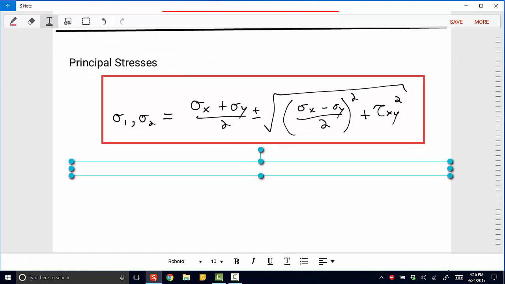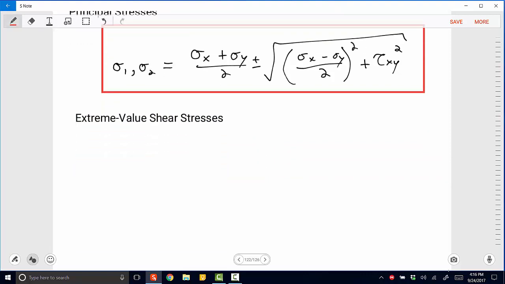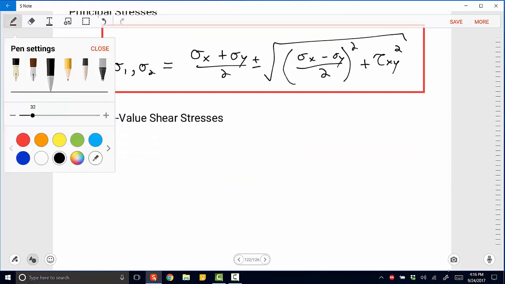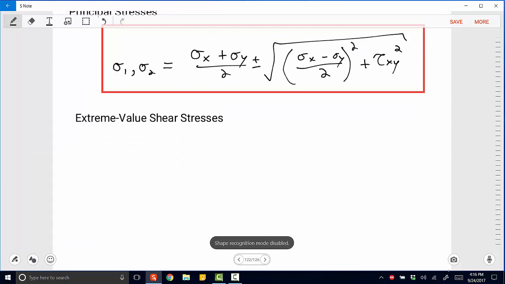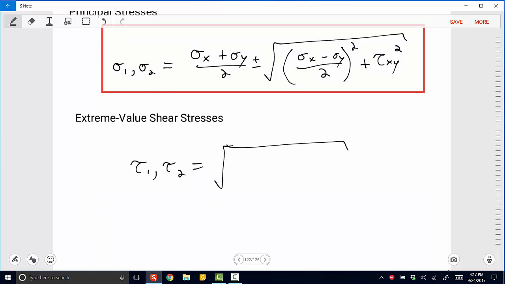We can do the same thing for our extreme value shear. You'll find tau 1 and tau 2 is equal to the second term of our principal stresses. So it's equal to plus or minus the square root of sigma x minus sigma y divided by 2 squared plus tau xy squared.